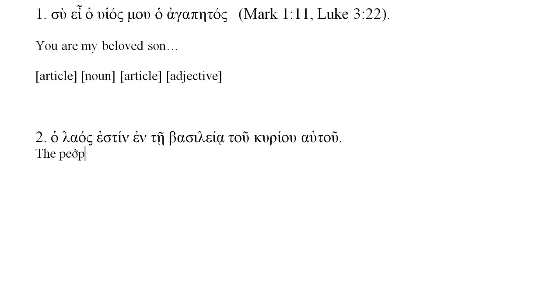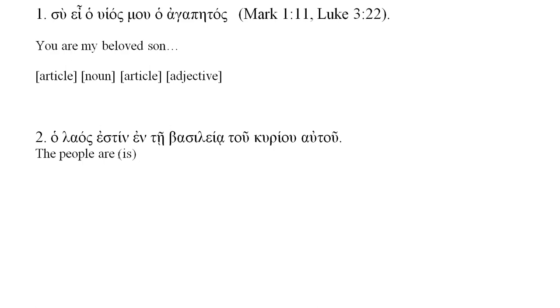So we will have the people, and then estin, that is our third singular form of eimi, the present. We can find that back from the chart we saw of all our forms of eimi, present tense. So literally the people is, and I think in English we would say the people are. I'll put the is there to show that that's what the verb really is in Greek.